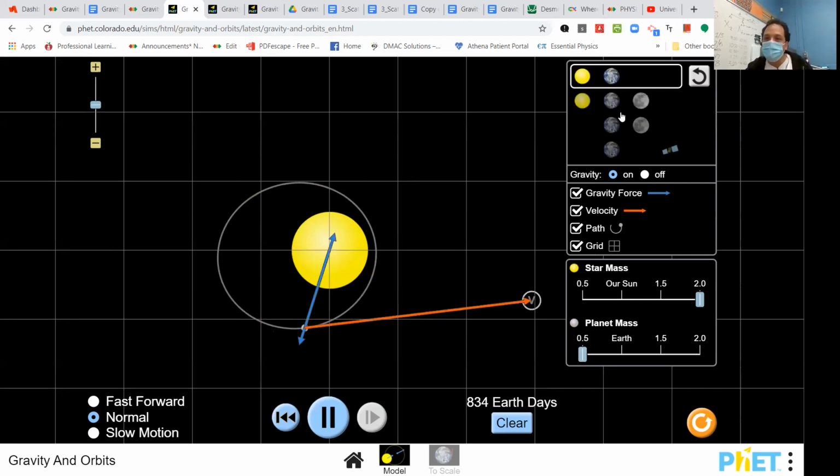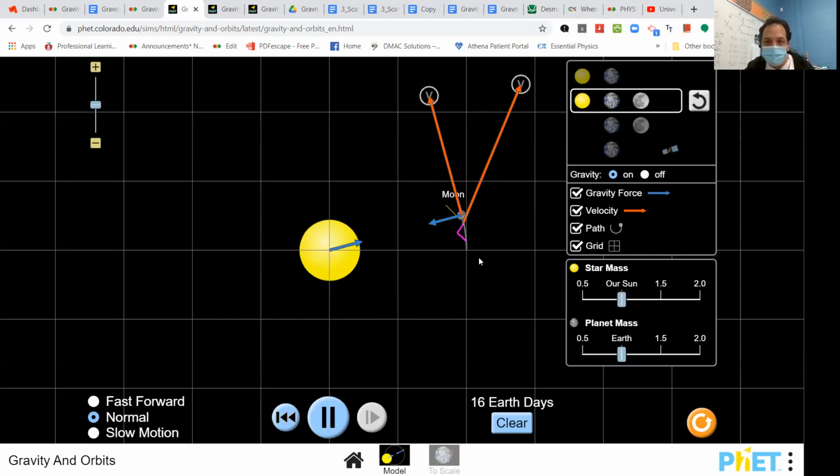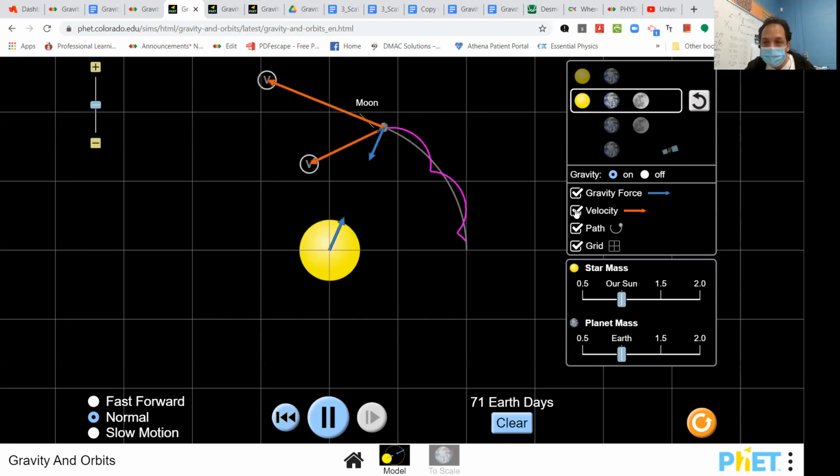Now look at this moon one, it's very interesting. Look at this nice path. The moon is going around the Earth. Look at that, what a nice design that makes.